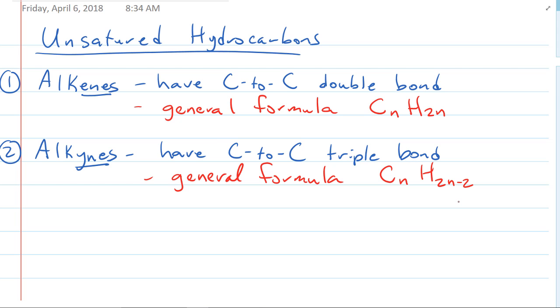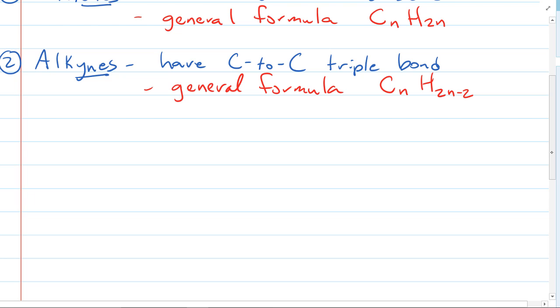If we were to now write formulas for these, let's go ahead and write these out. A condensed structural formula for this first one would look like this. It's going to be H2C double bond CH2, or, and this is the way I write them, as CH2 double bond CH2.